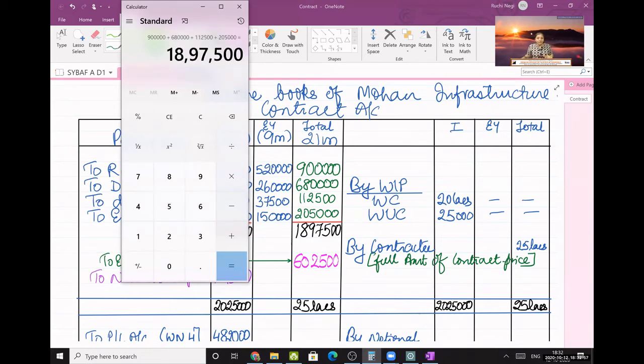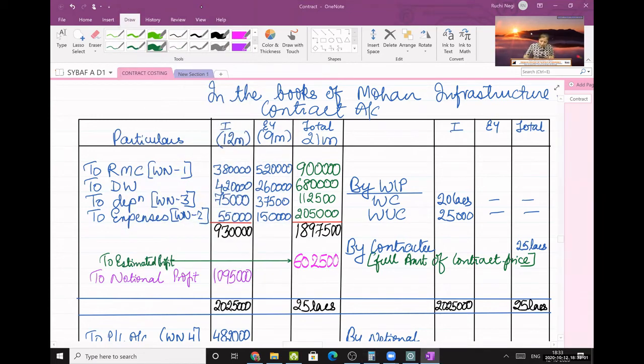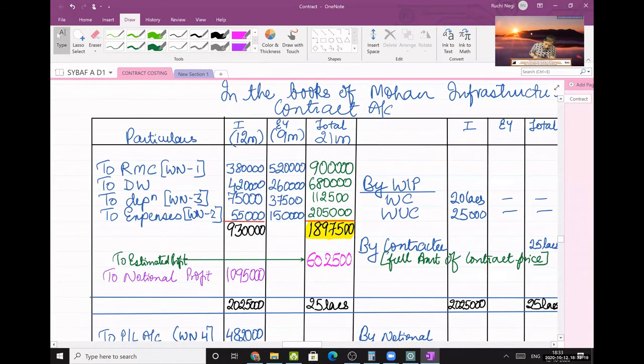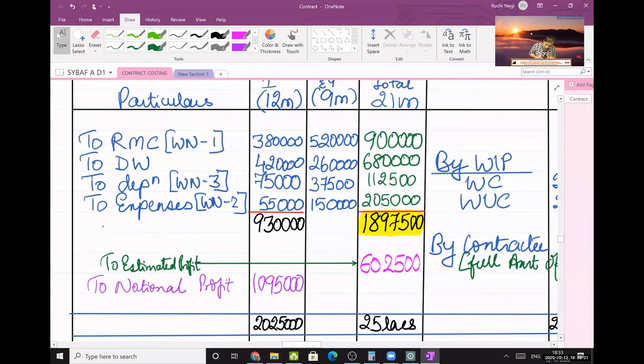So 18 lakh 97,500. 18 lakh 97,500 is my total. Okay, so this is my total. You can also call this total cost.